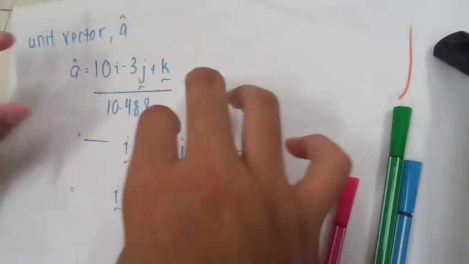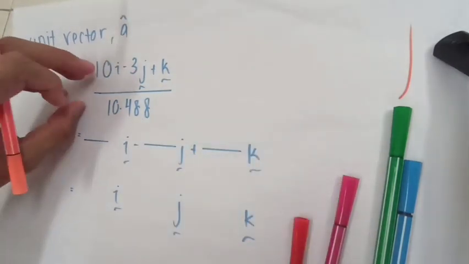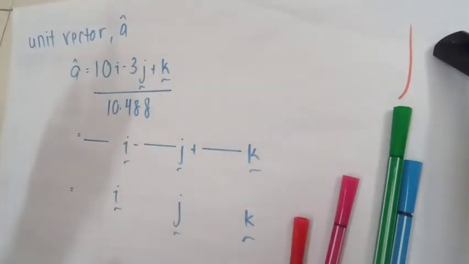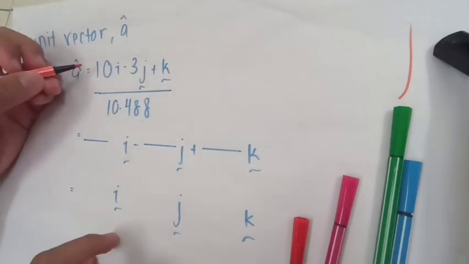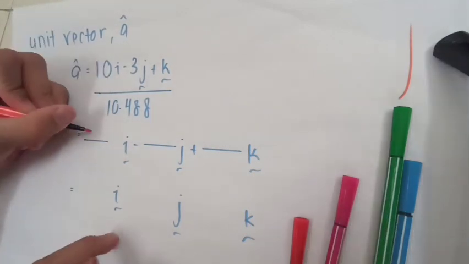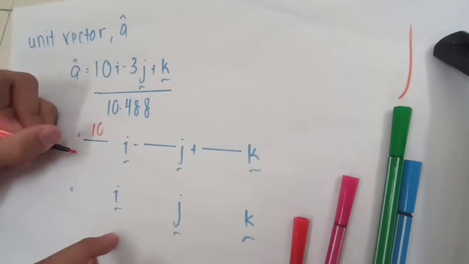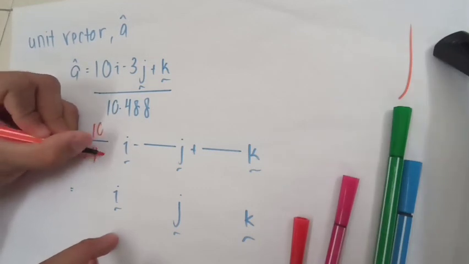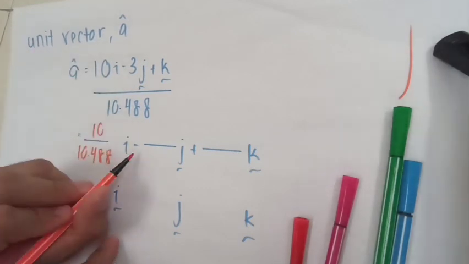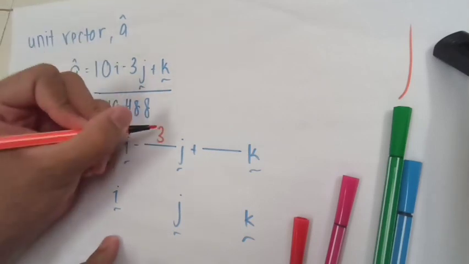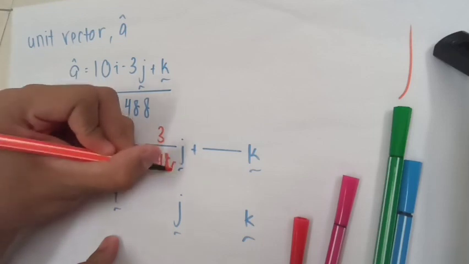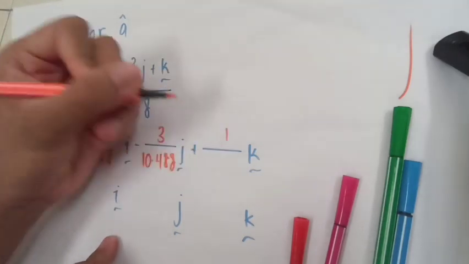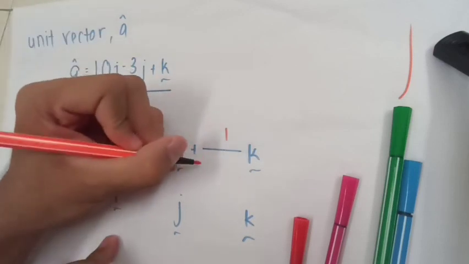We divide in each category, i, j, and k. Here i is 10 divided by 10.488, minus 3j, 3 also divided by 10.488, plus 1k divided by 10.488.